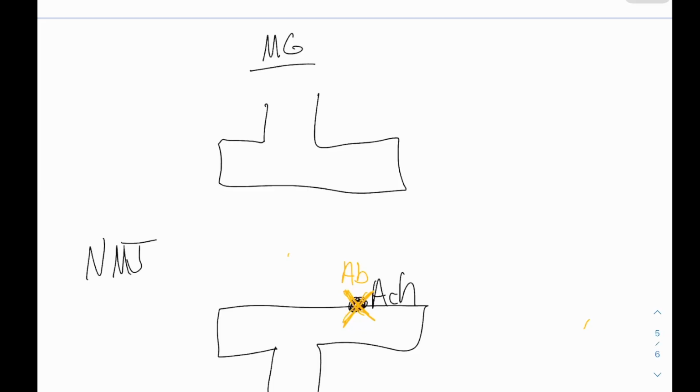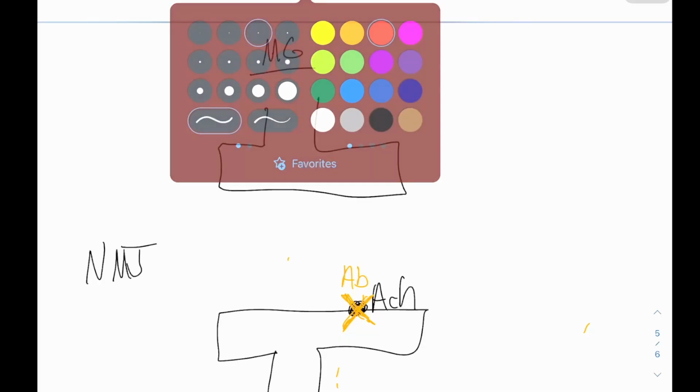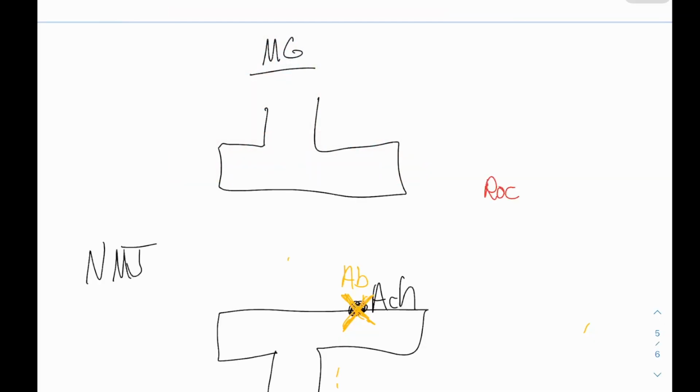It's being blocked by an antibody that is just sitting there, preventing acetylcholine from binding this receptor and thereby preventing a depolarization down this nerve. So something like ROC, the way that it works is that it too will bind to an acetylcholine receptor. And by binding the acetylcholine receptor, it is effectively blocking acetylcholine from binding to this receptor.